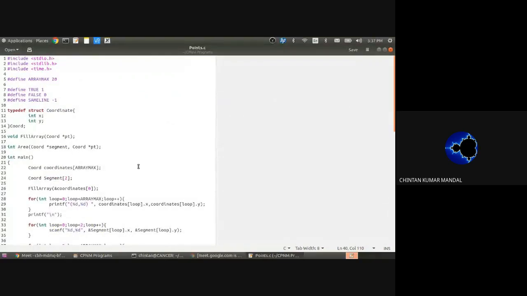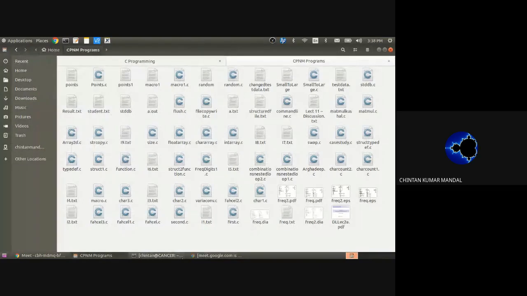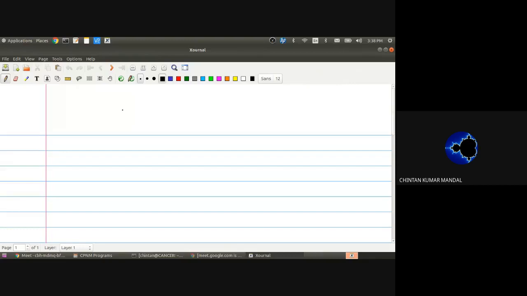Okay, I'll take a simple example of a union. What's the difference between a union and a structure? Let's take for example a structure.